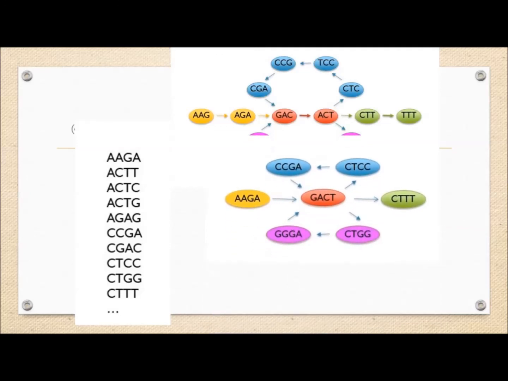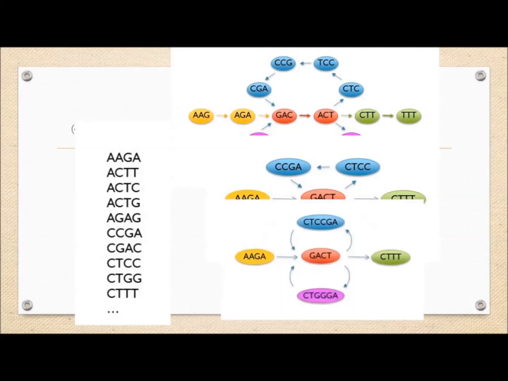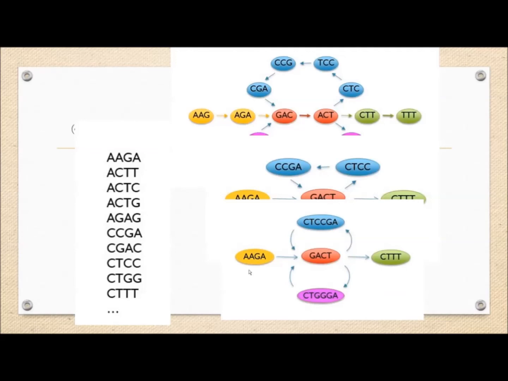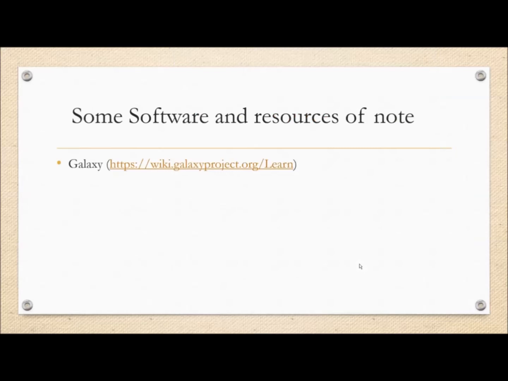Okay, and this methodology is called the De Bruijn graph. And now you can, for example, combine the CCGA with the CTCCGA, see that, and then GACT and CTT. And this is basically an example of a De Bruijn graph.